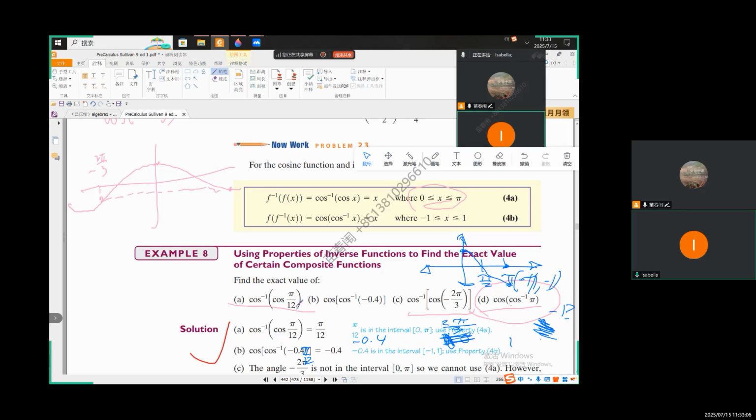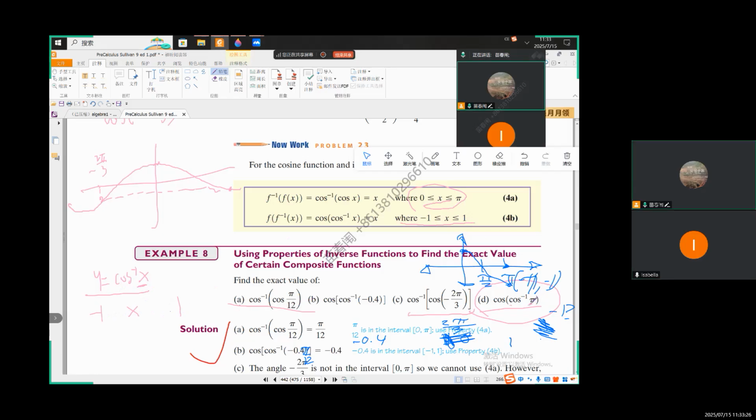We can return to cosine -1 x. This kind of function has a domain which is x between -1 and 1. Yep. And same thing here.